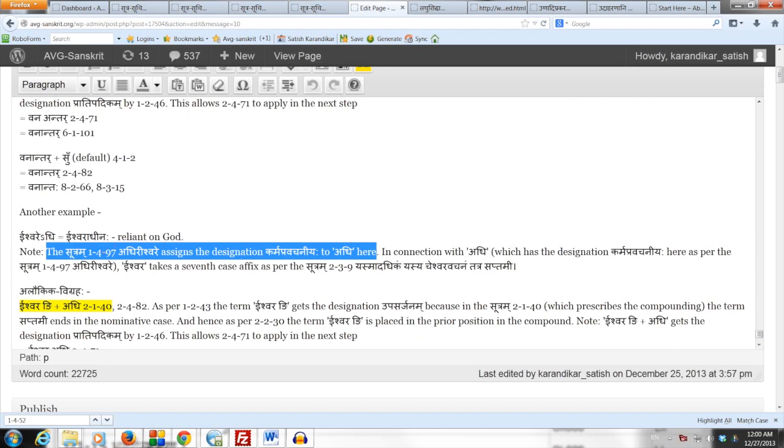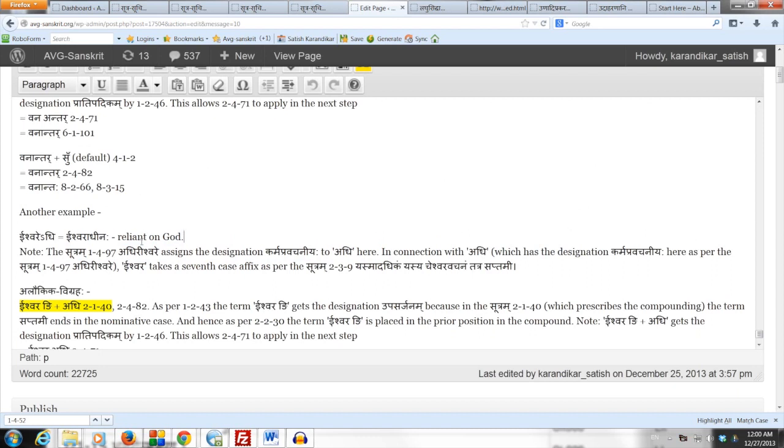That sutram says that when adhi is used in the sense of master or lord, it gets the designation karma pravachaniyaha. Could be in the sense of being a master, or it could be in the sense of having as a master, as in this example. So here adhi denotes someone who has Ishvara as the master.